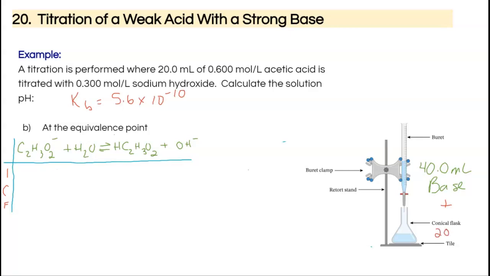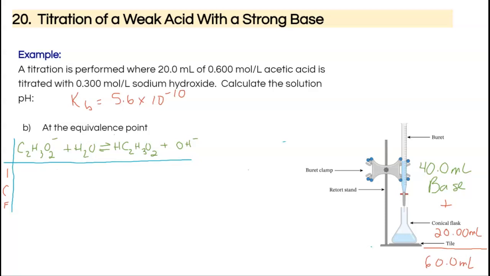We started with 20 milliliters of acid, and we added 40 mL of base, so we have a total of 60 milliliters in our conical flask. That's going to dilute the acetate in the solution, so we need to work that out first.